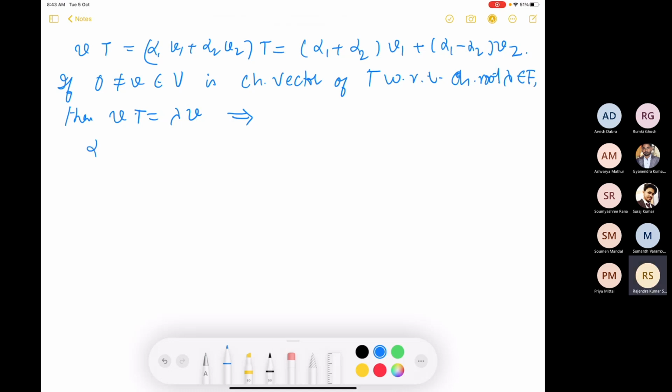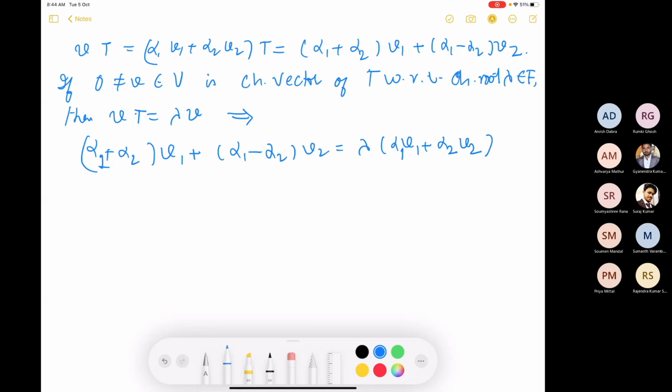So this is alpha 1 plus alpha 2 v1 plus alpha 1 minus alpha 2 v2 is equal to lambda alpha 1 v1 plus lambda alpha 2 v2.